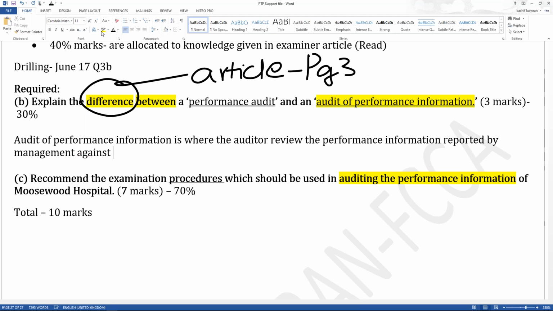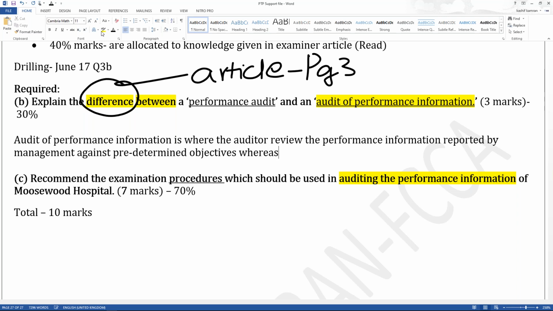Who is mentally present? Auditor performance information is where the auditor reviews the performance information reported by management against what? Against predetermined objectives, very good answers. So is that what we discussed in the last 15 to 20 minutes? That's the audit of performance information.